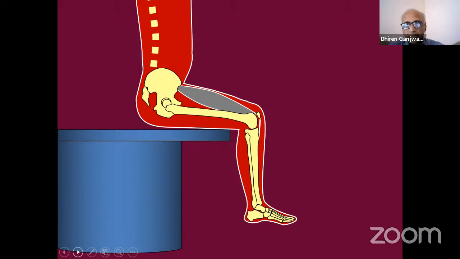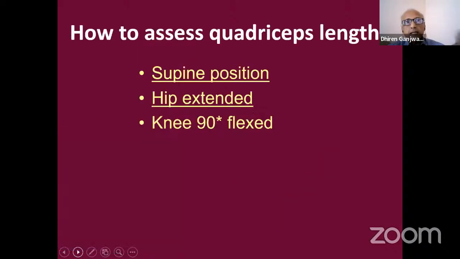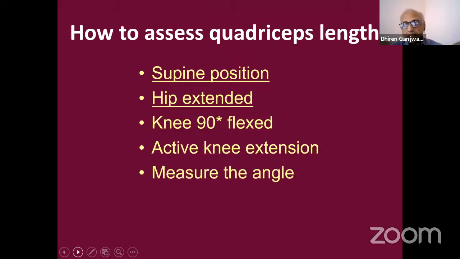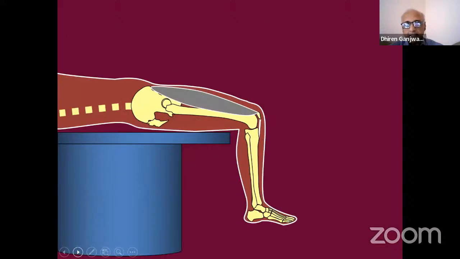So usually to assess the quadriceps length, I carry out this test in a supine position with the hip extended. With extension of the hip, the proximal end of the hamstring is relaxed. Now the knee is asked to flex 90 degrees. That's the starting position. We ask the person or child to carry out active knee extension, and then we measure the angle.